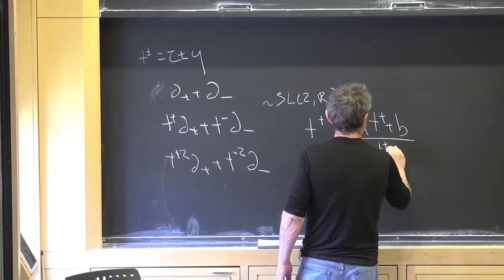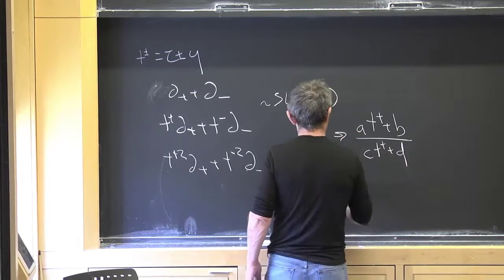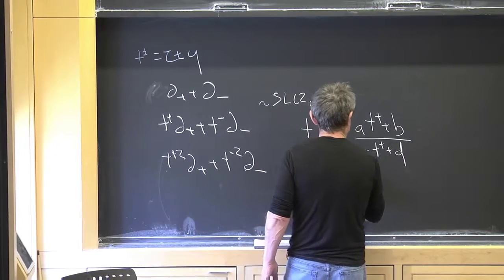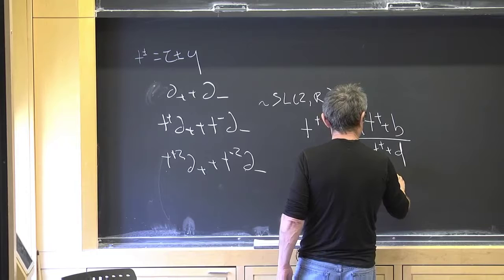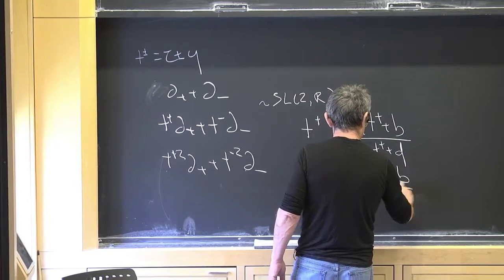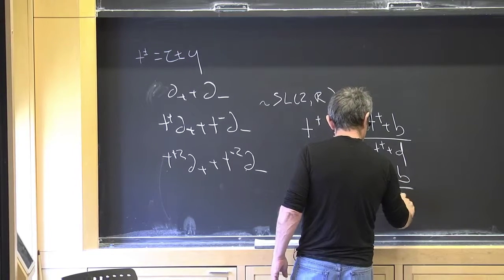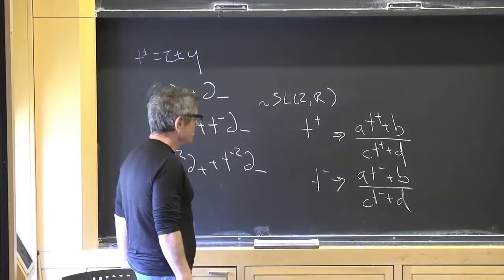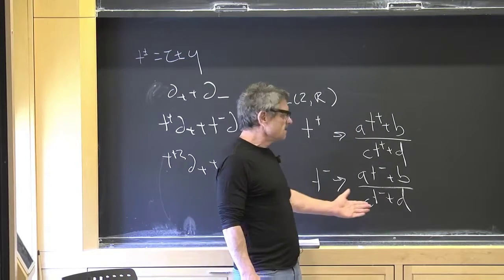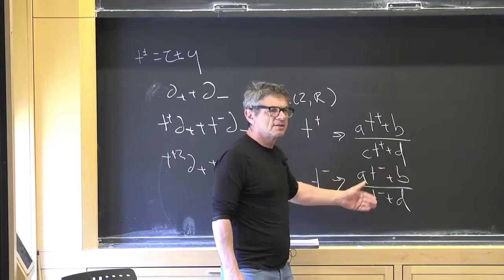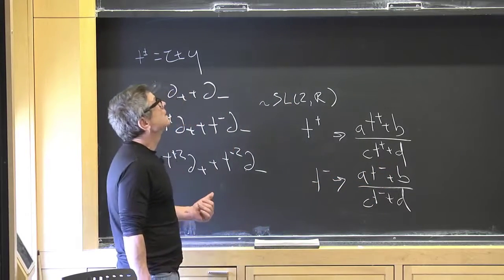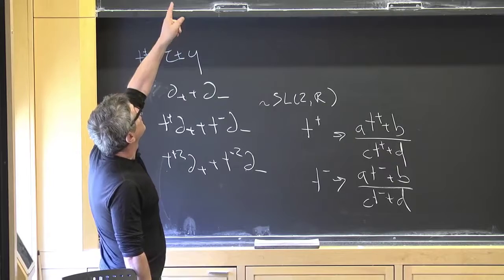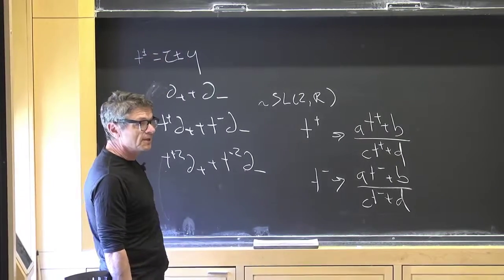If we do this, t minus goes to a t minus plus b over c t minus plus d. So it's easy to check that this is actually a symmetry of that AdS2 metric.